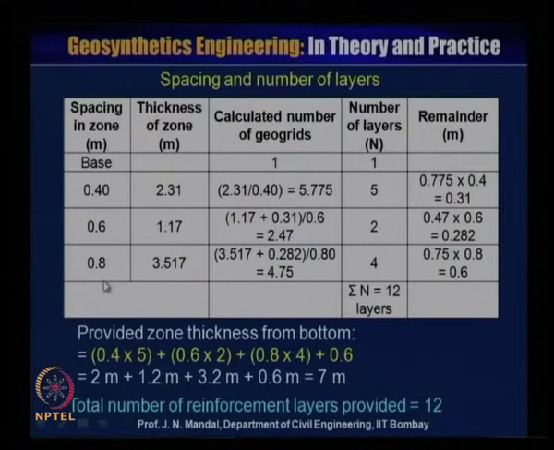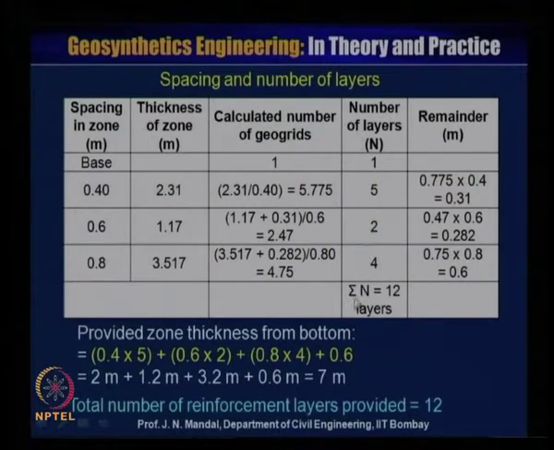Now next, spacing of the zone 0.8, thickness of the zone 3.517. So 3.517 plus the remainder 0.282, divided by the spacing 0.8, will give 4.75. So you take 4. Then the remainder is 0.75 into 0.8, which is equal to 0.6.